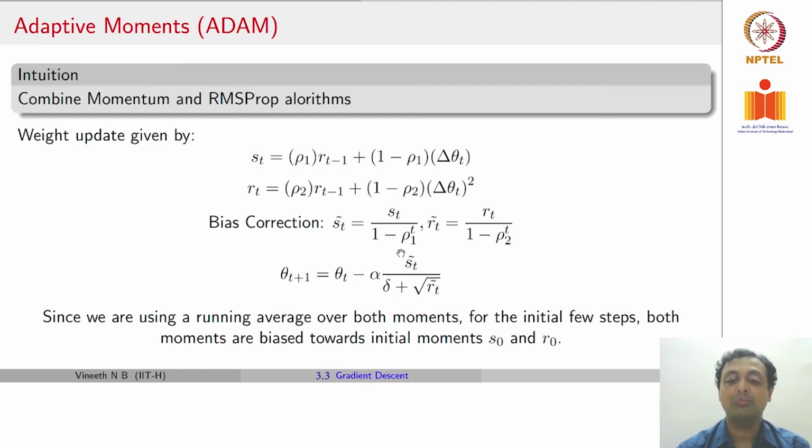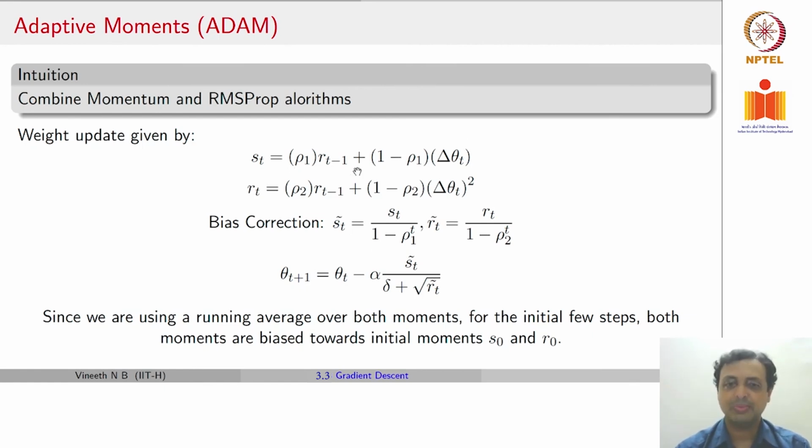Now coming to why is this tilde here, why not just ST and RT, is for a very simple reason of doing what is known as bias correction in the initial iterations. In the initial iterations, if rho 1 is set to a high value, which is what is typically done, rho 1 just like momentum, rho 1 could be set to something like 0.9 or something like that.